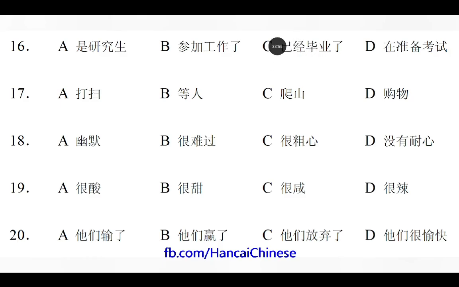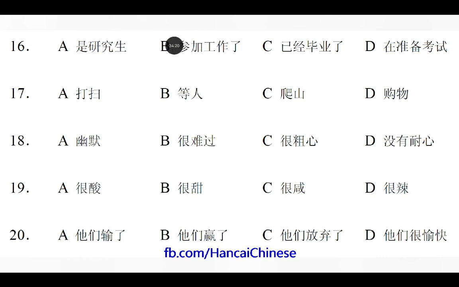Before 毕业 you can read this one. This is not the same thing we heard in the audio. This means 已经毕业, already graduated. But in the audio we heard he has still not graduated. He'll graduate next year, 明年毕业. So this is the wrong answer.